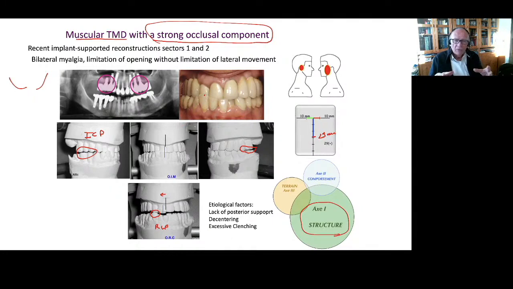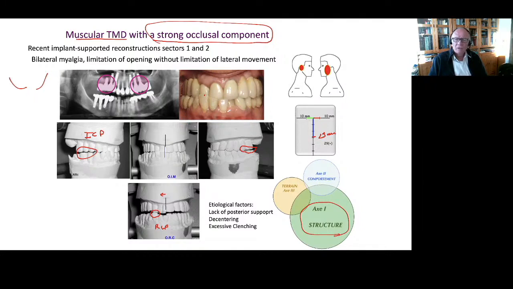We have really a problem of stabilizing function, occlusal stabilizing function, no posterior support. We have a problem of a centering function, transverse discrepancy between RCP and ICP.